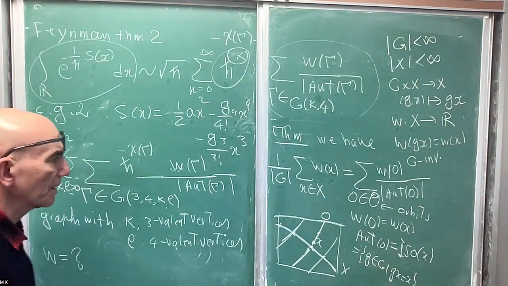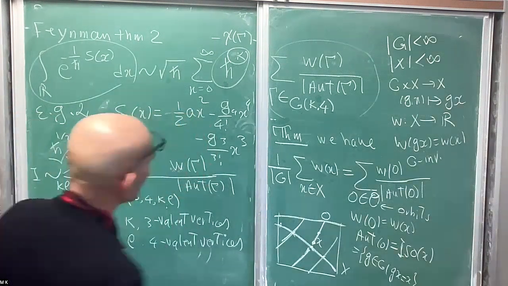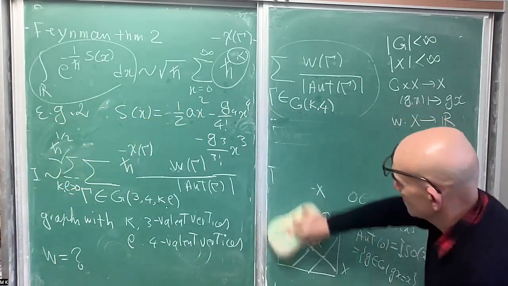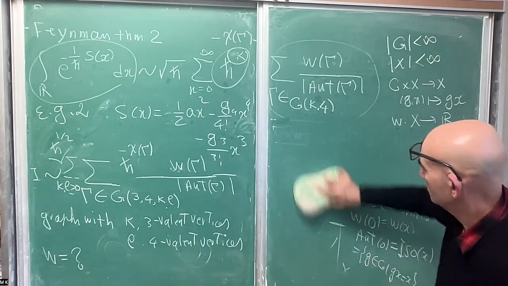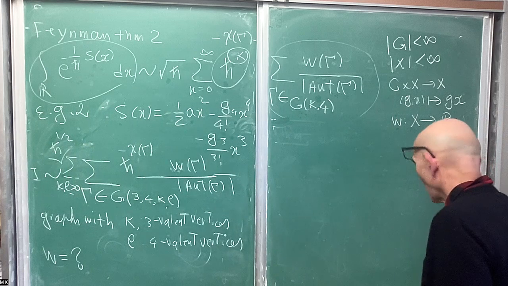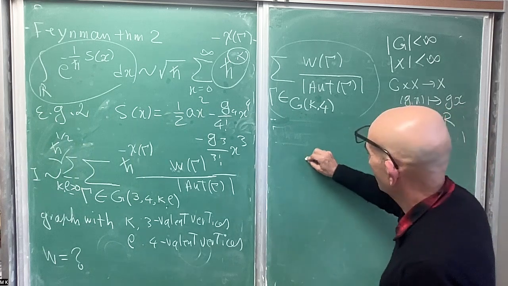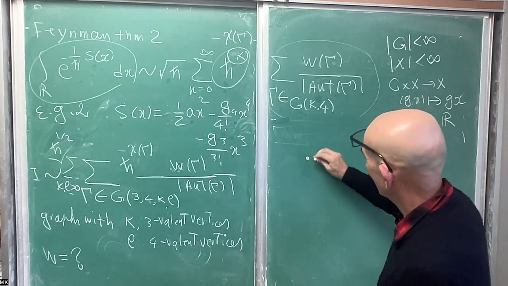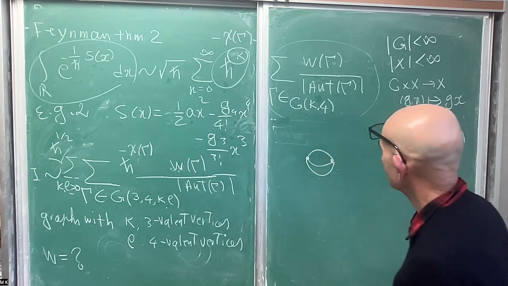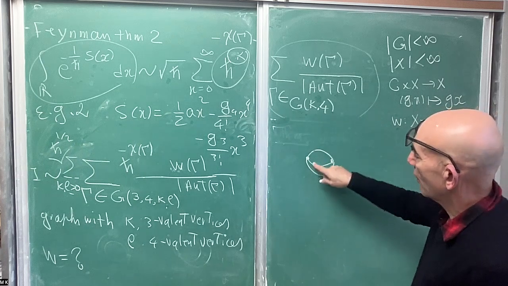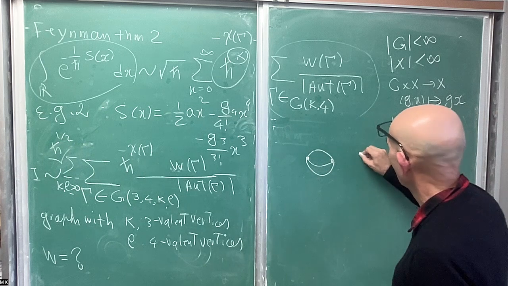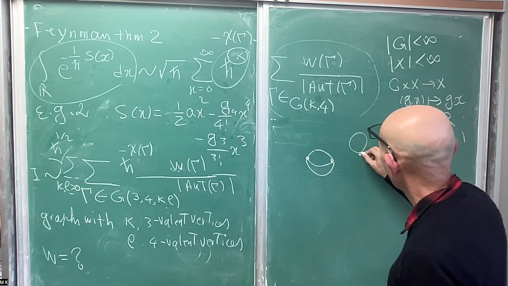Let's take one of these graphs, for example, something like this: imagine you have two trivalent vertices and one 4-valent vertex.